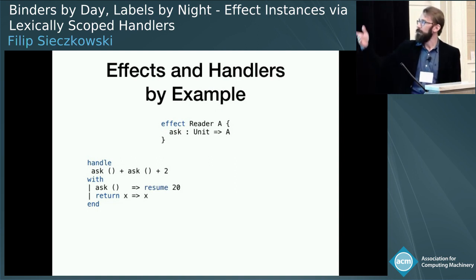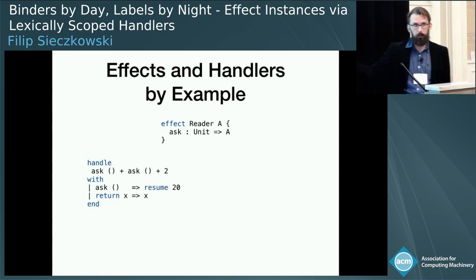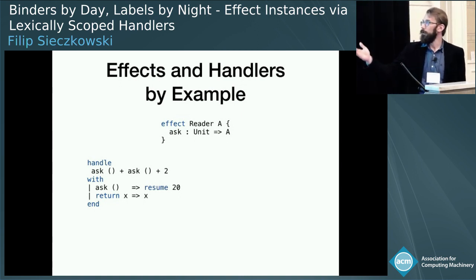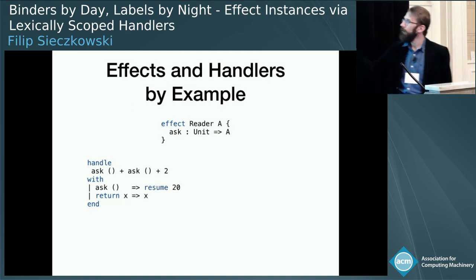It says ask plus 2, and then it handles this request to the environment. The handler is the environment, by saying, whenever someone asks me, resume the computation in the place where you asked for the value with the value 20.